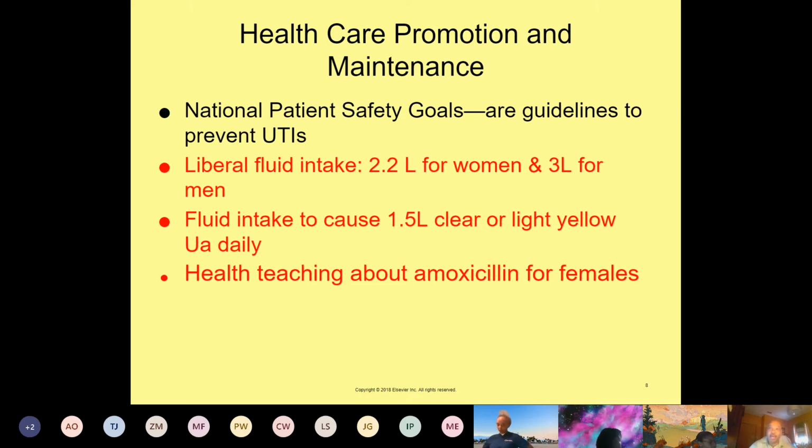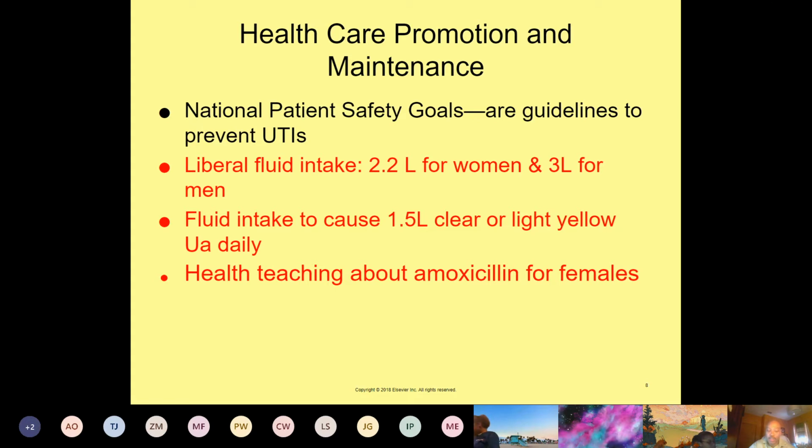Remember, I told you that if you have CKD, heart failure, or any condition where you have to restrict your fluids, then you don't want to tell your patients to drink this much water. Be sure to get enough sleep, rest, and nutrition daily to maintain immunological health. This is another thing to teach your patients.